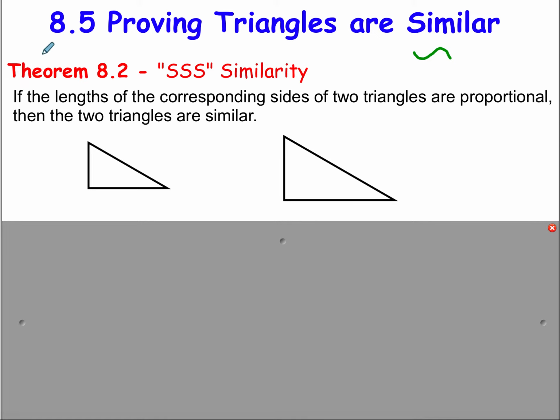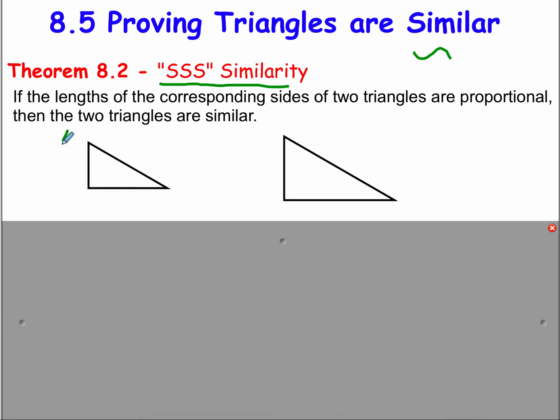For example, Theorem 8.2 is what's known as SSS similarity. If you remember, we had SSS congruency, and that said if all three sides of two triangles are congruent, then we know the triangles are congruent. This is SSS similarity, which says: if the lengths of the corresponding sides of two triangles are proportional, then we know the two triangles are similar.